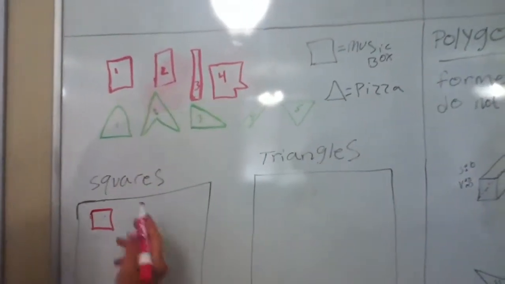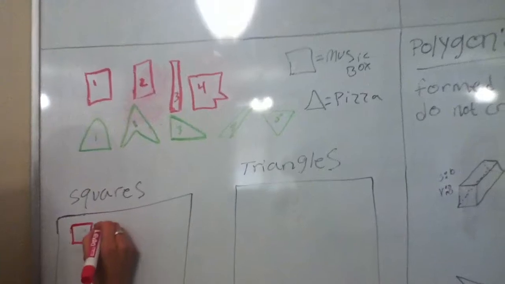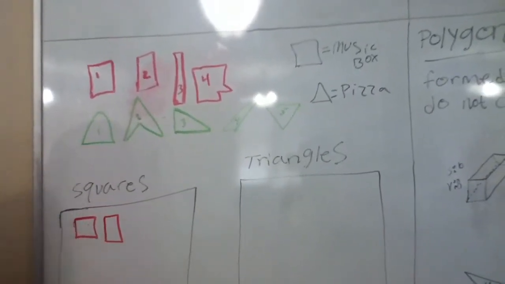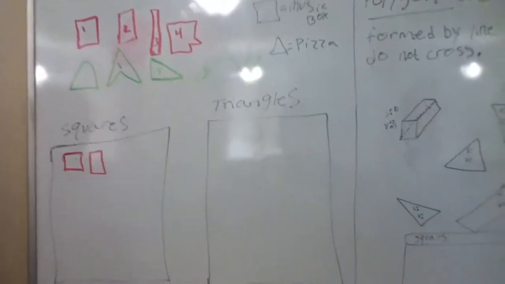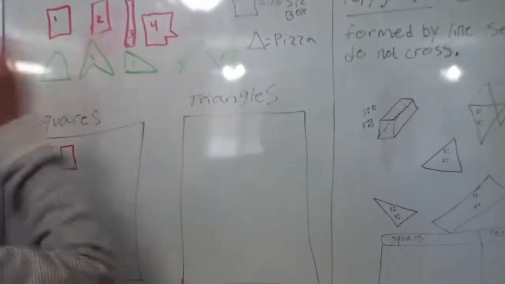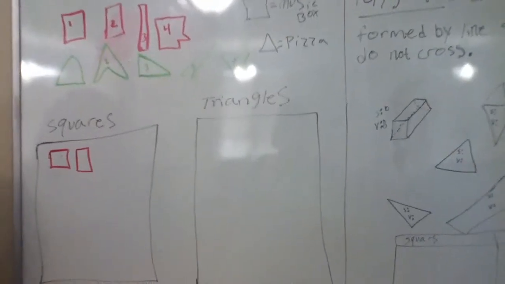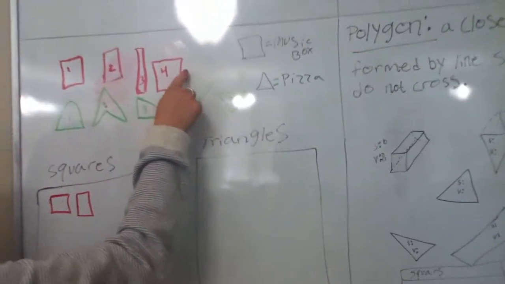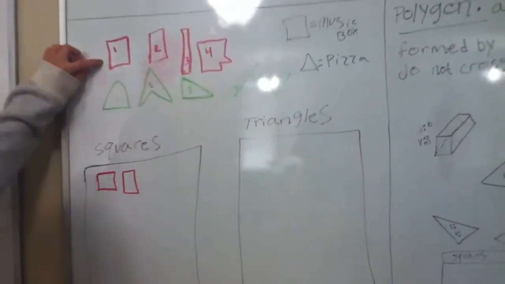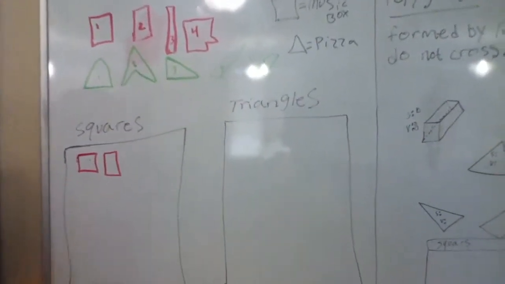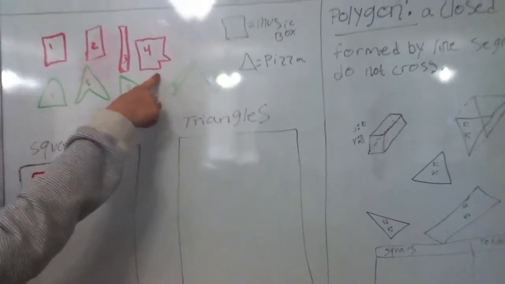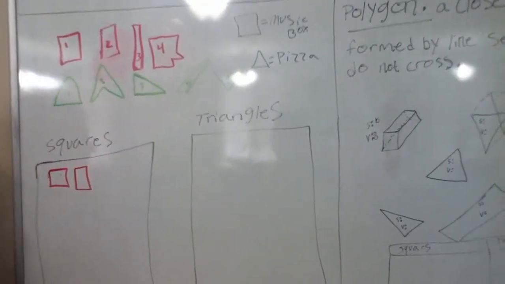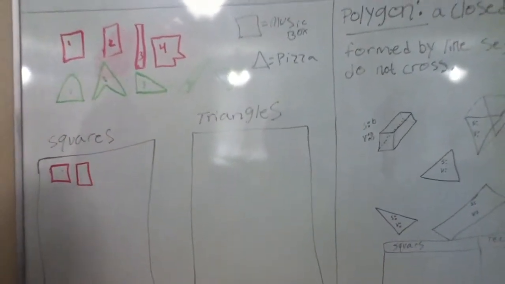Number 2 would also be a square because it would look like the music box to them. Number 3, they might say it's too skinny, so they would not put it in the category with the squares. And number 4, they would not put it in the category with the squares because it has a little pointy shape on the end and does not look like the original square that they put in the box. Also, it would be hard to find the area of that shape.